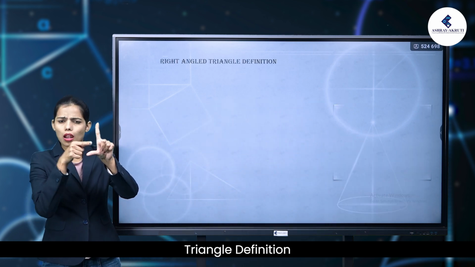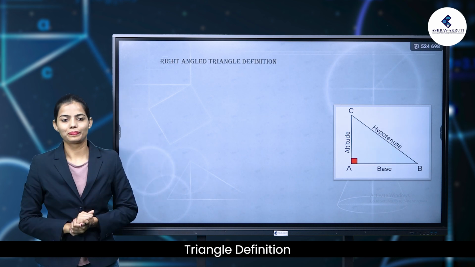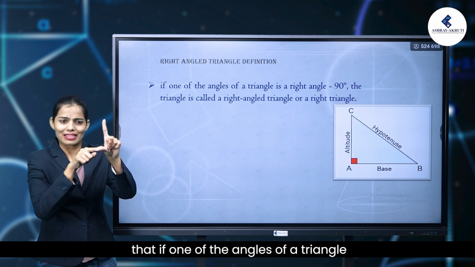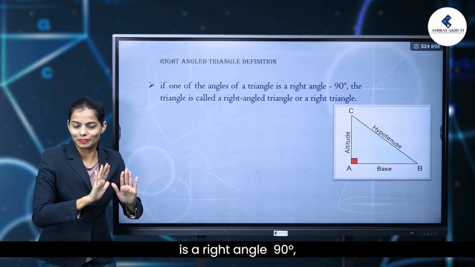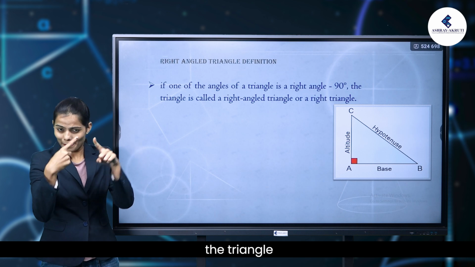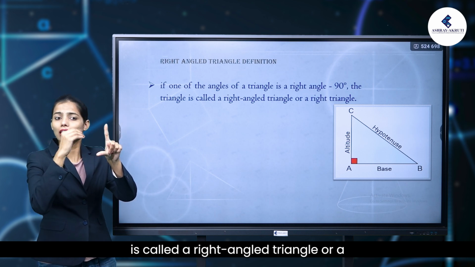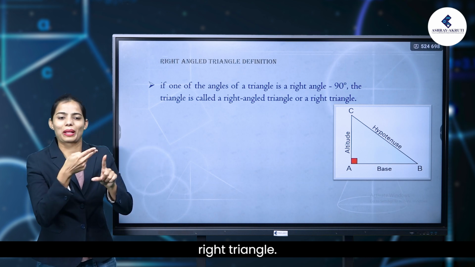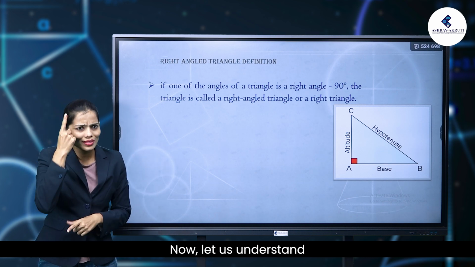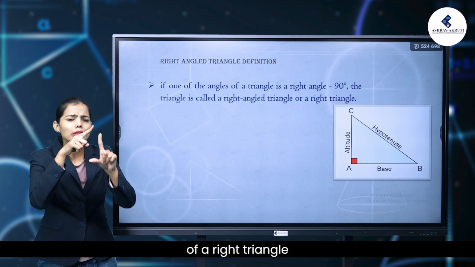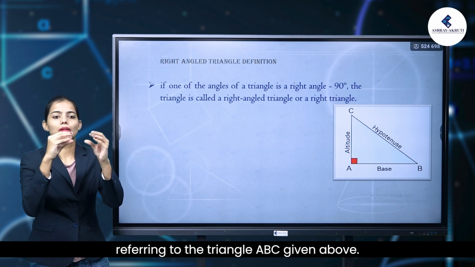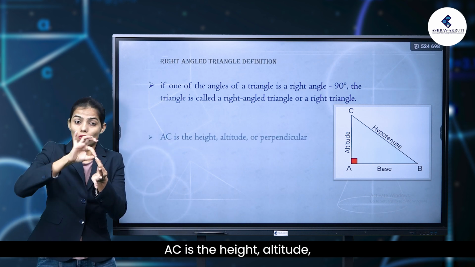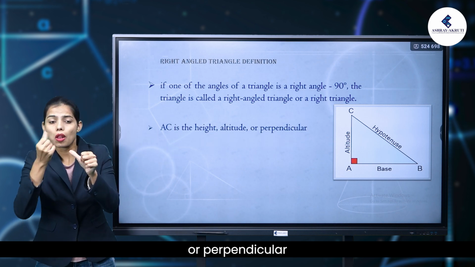Right angle triangle definition. The definition for a right triangle states that if one of the angles of a triangle is a right angle, 90 degree, the triangle is called a right angle triangle or a right triangle. Now, let us understand the distinct features of a right triangle referring to the triangle ABC given above. AC is the height, altitude or perpendicular.